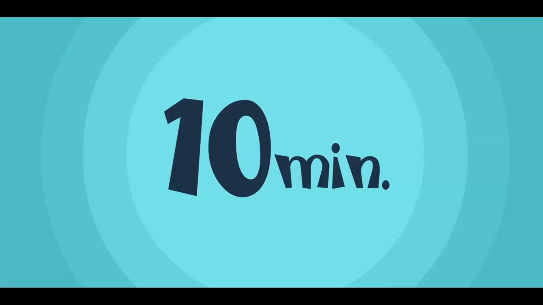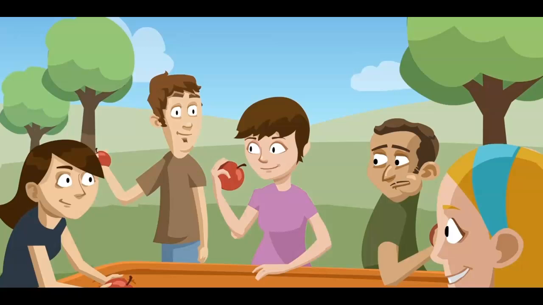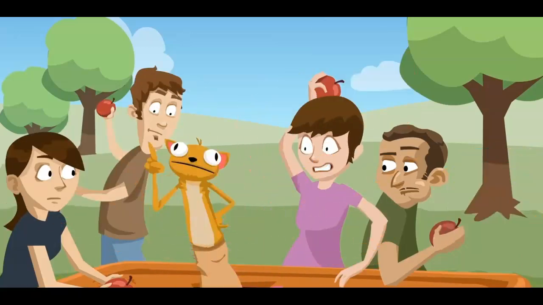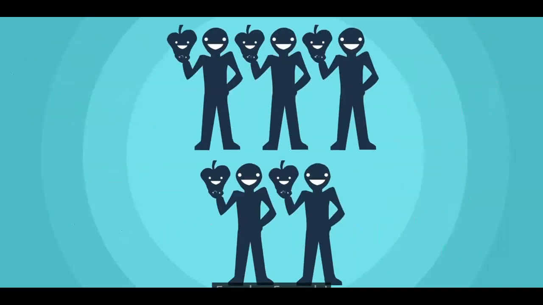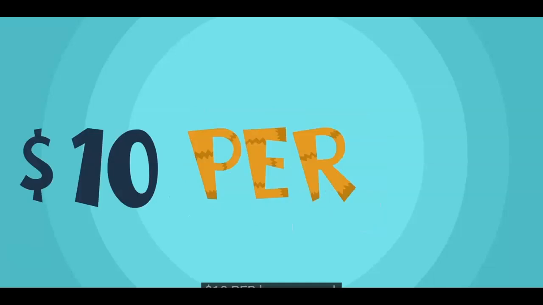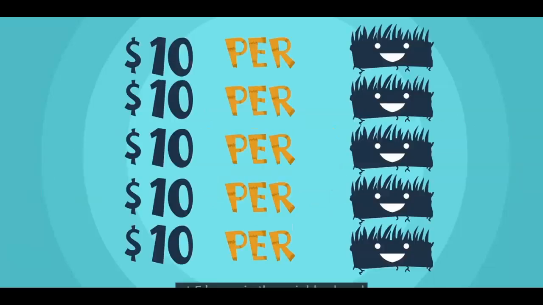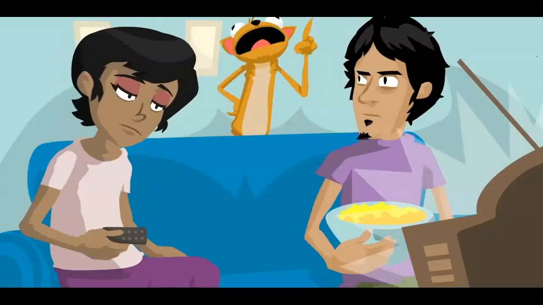You've been showering for 10 minutes. That's 30 gallons of water down the drain. Get out of the shower. You're eating 1 apple per person. 5 apples, 5 people. $10 per lawn mower. And 5 lawns in the neighborhood. That's $50.